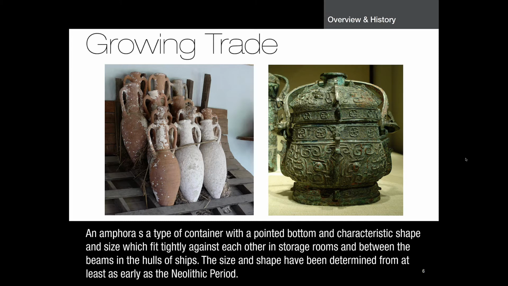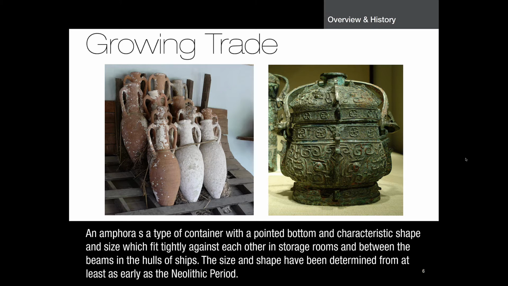As we move from the ancient Egyptians into the Greeks and other civilizations around the Mediterranean, you can see more containers are made. In particular, the containers on the left, these are called amphora, and it's a very unique design. They basically come to a bullet point at the bottom, and you would think, well, that's not very practical. How do you stand it up or do anything with it?